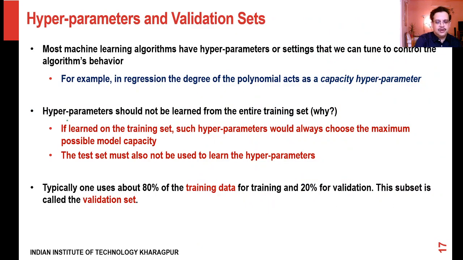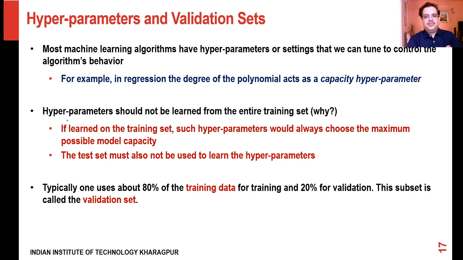Now as you saw, something like choosing the degree of the polynomial is what we may say is a hyperparameter of a machine learning algorithm. Typically a machine learning algorithm may have many different hyperparameters. For example, in neural networks, the number of layers may be a hyperparameter. The connectivity between the different layers may be a hyperparameter. So I choose these hyperparameters.